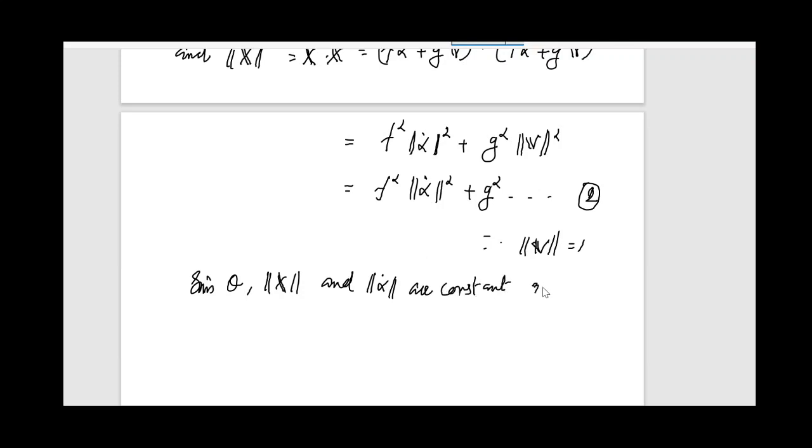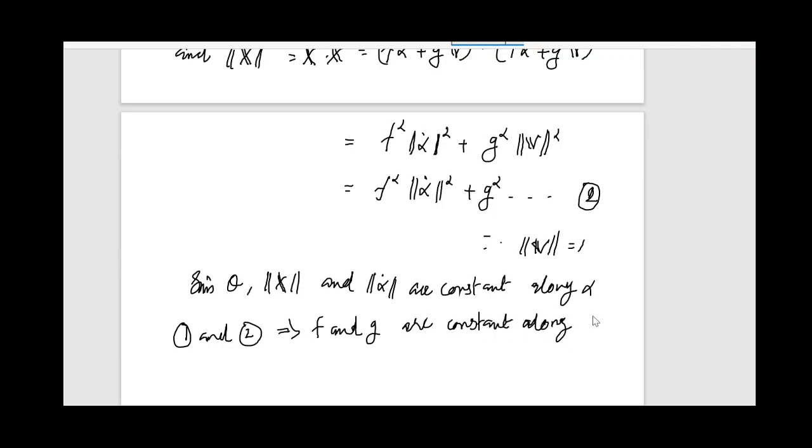From 1 and 2, this gives f and g are constant along alpha.